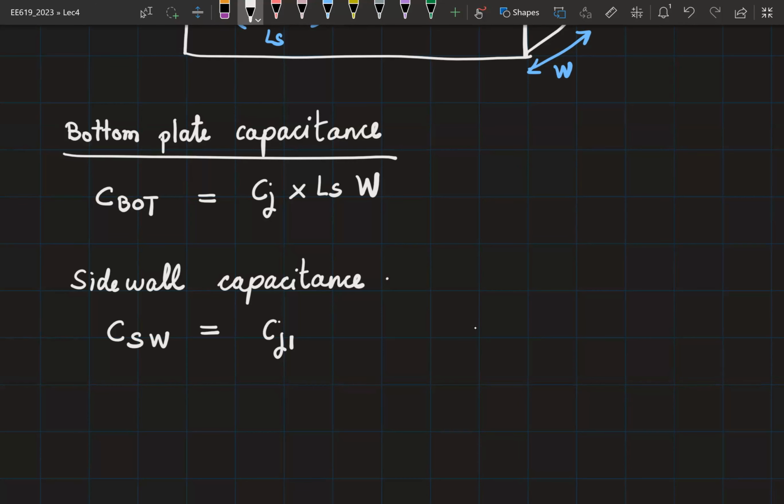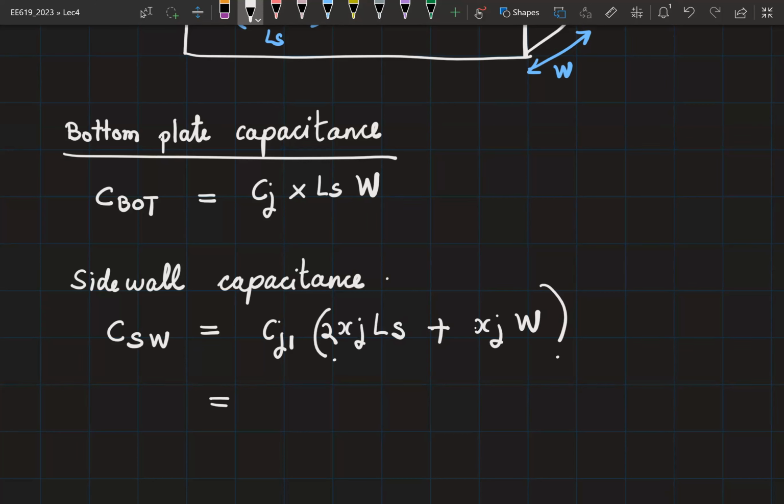So this will be equal to CJ1 into what is the first area? Front side? XJ into LS. Twice of this because front side and the back side. And what is the side area? XJ into W. So I can take XJ outside.